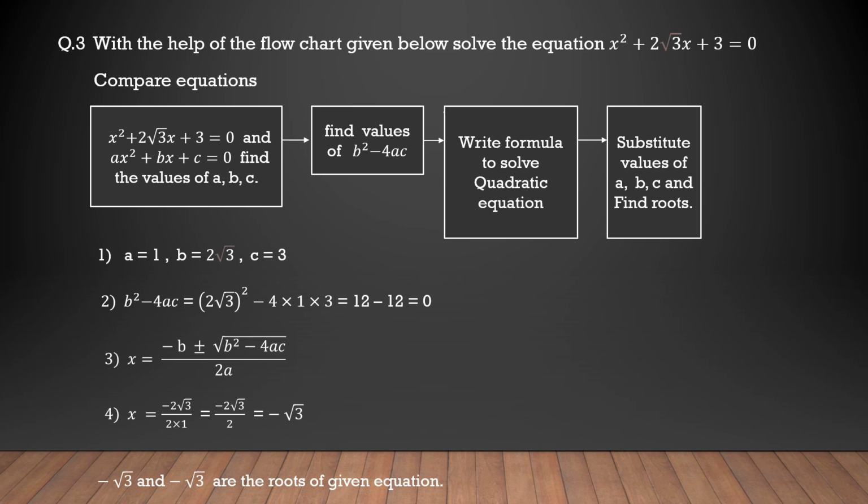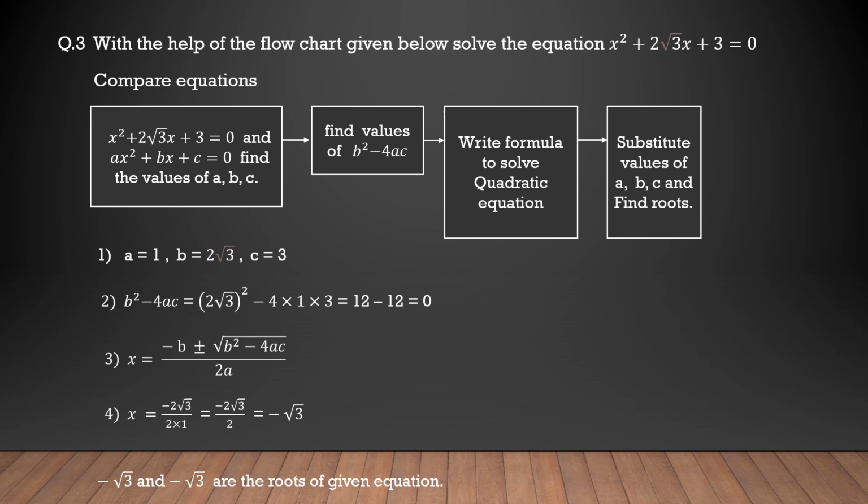So we put the value of b, 2 root 3 bracket square minus 4 into a is 1 and c is 3. So we write 4 into 1 into 3. 2 root 3 bracket square minus 4 into 1 into 3. So square of 2 root 3 is 12.